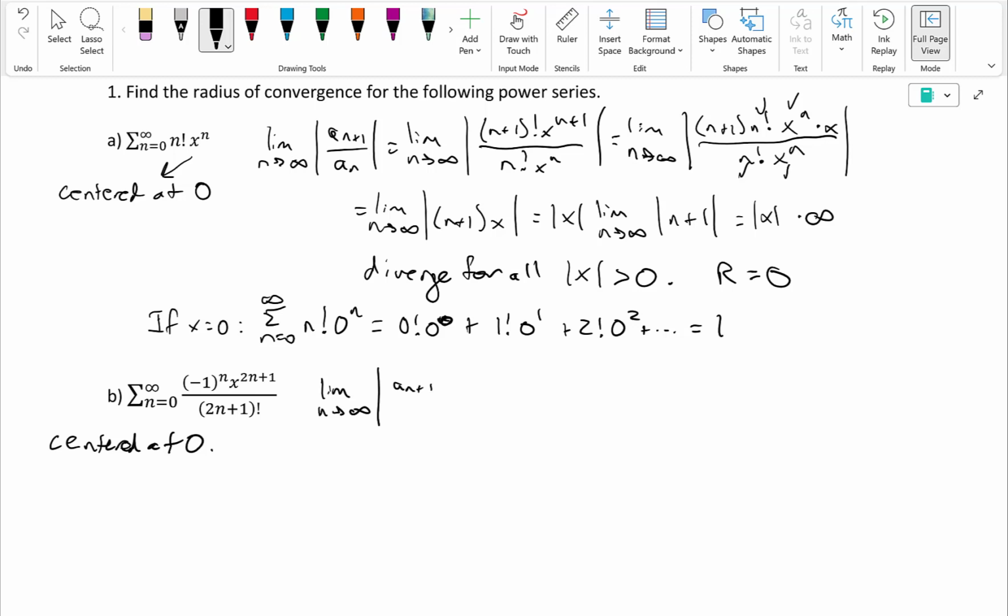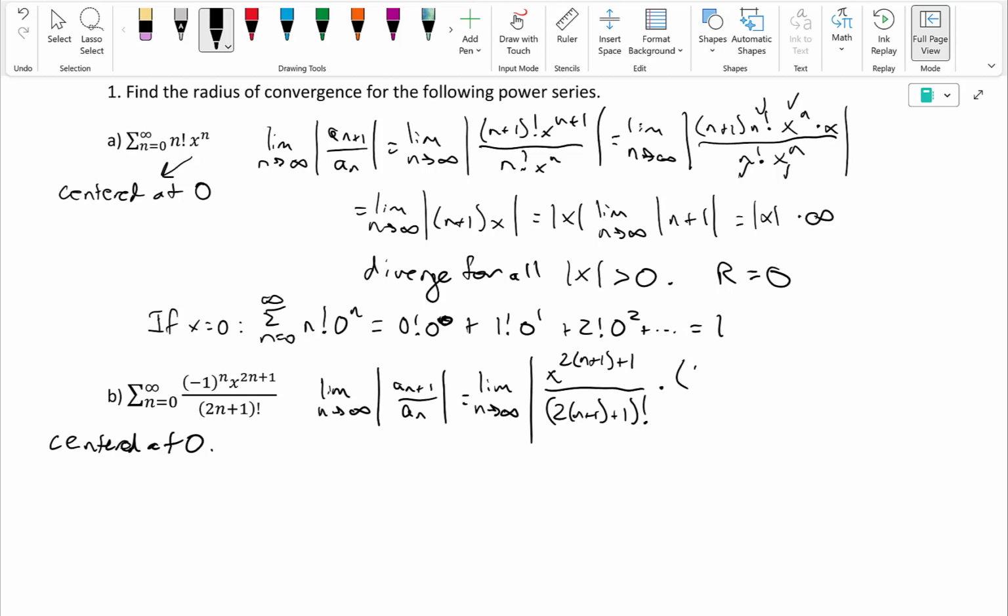Ratio test again, a sub n plus 1 over a sub n would give us our limit as n approaches infinity of x to the 2 times n plus 1 over 2 times n plus 1 factorial. And I'll just multiply by the reciprocal here.